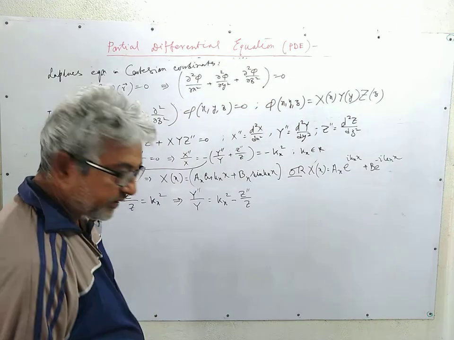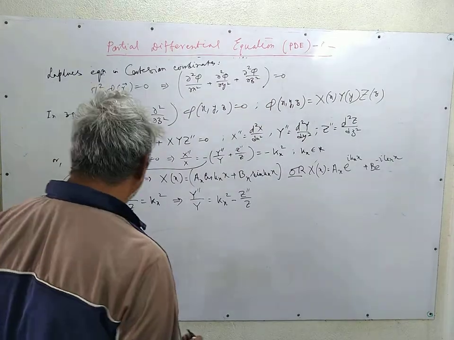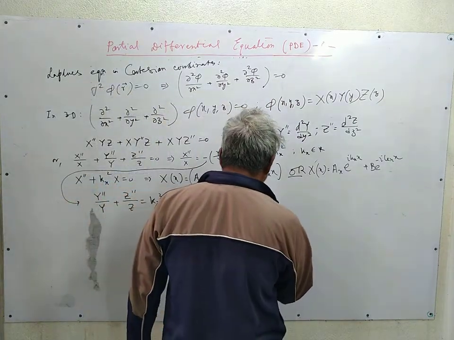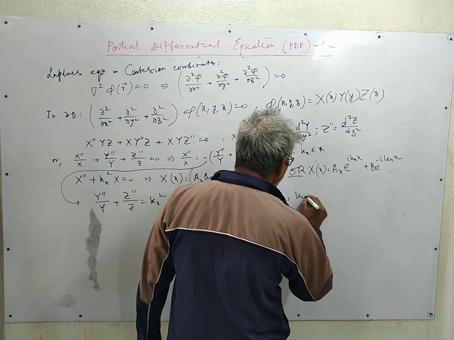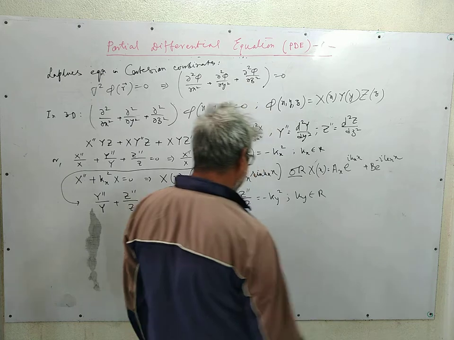If we choose that the solution is periodic in y direction too, we define it as minus ky square, where ky is again a real quantity.